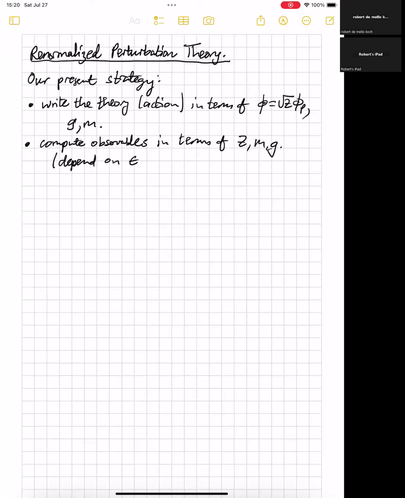We'll have to take epsilon to 0. There'll be certain divergences, and it will also depend on certain integrals which are infinite. So there's a dependence on epsilon and infinities.